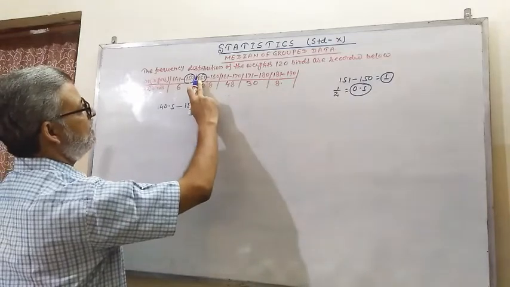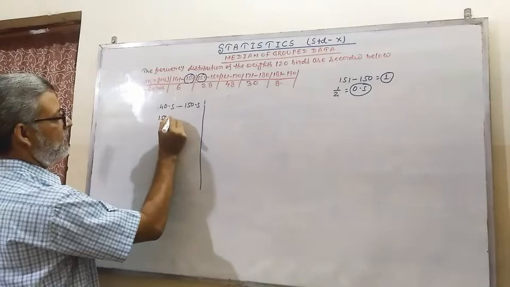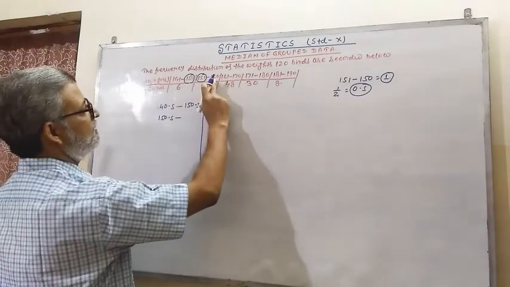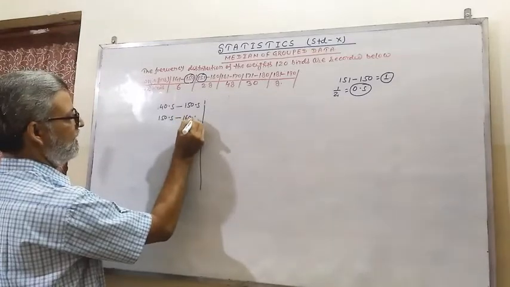Similarly, 151 minus 0.5, 150.5, and 160 plus 0.5, that is 160.5.